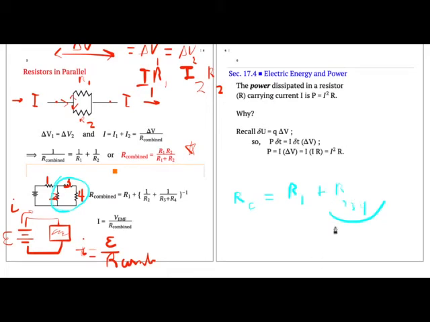So R2, 3, 4 is 1 over R2 plus 1 over R3, 4, to the power minus 1.